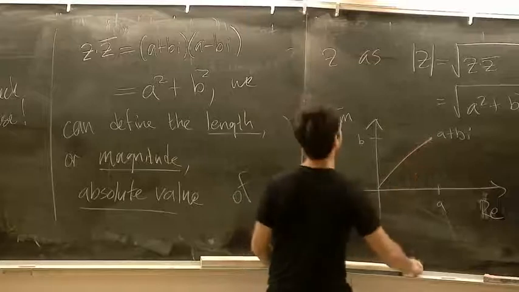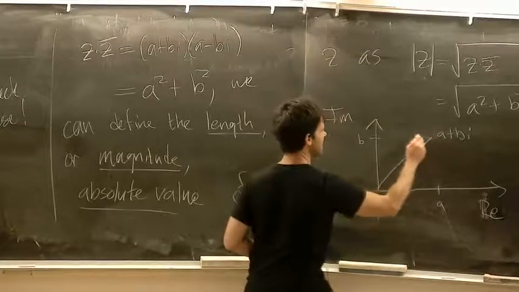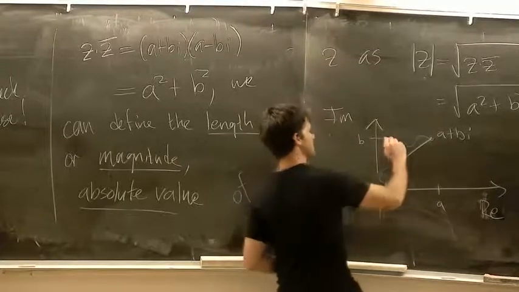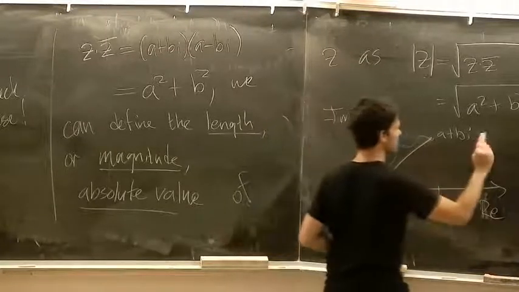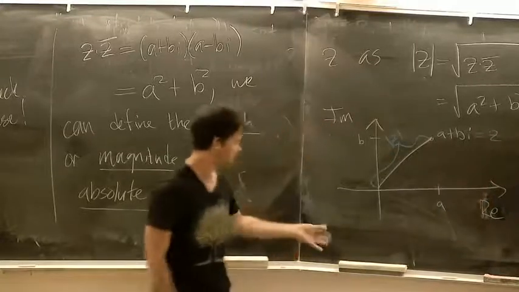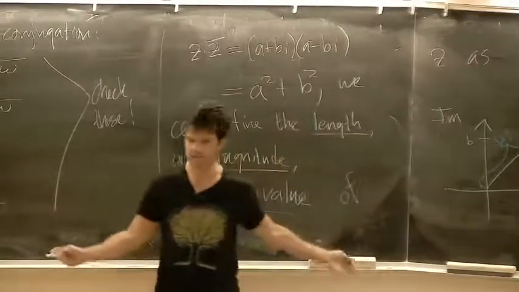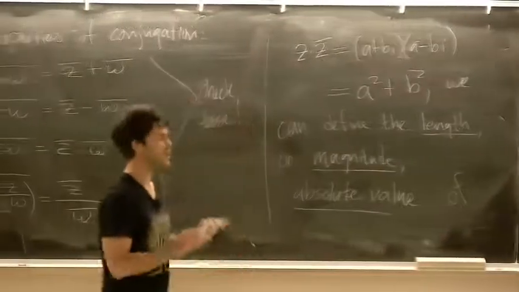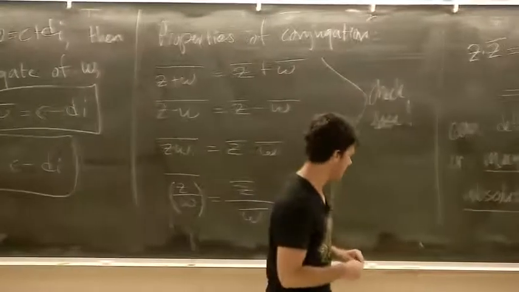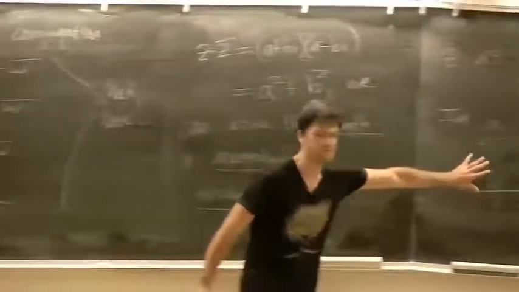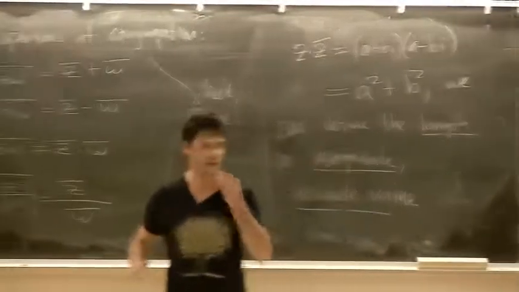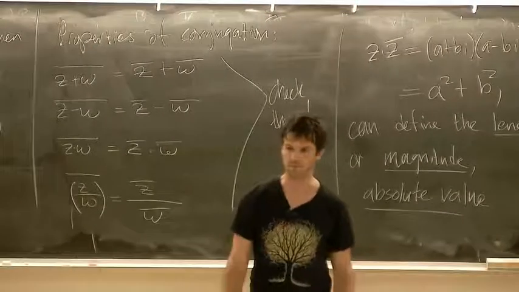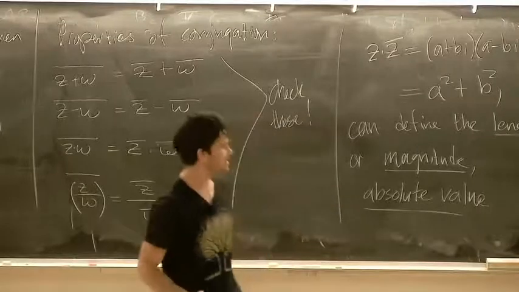What we just found here is exactly this distance, where this number is z. So that's why we use absolute value, just like in the real number system, it's distance from the origin. And we're going to come back to this picture, by the way, and you'll see how this all ties in with polar coordinates, which is why I'm doing it right after I did polar coordinates. And we'll pick that up on Friday.